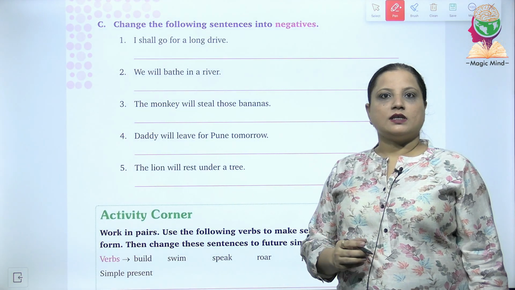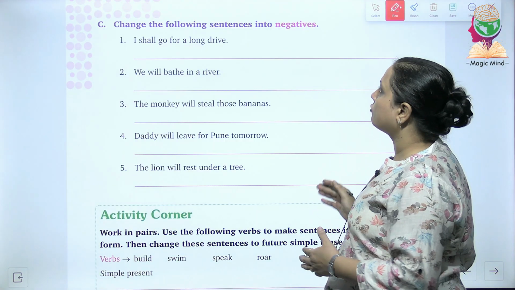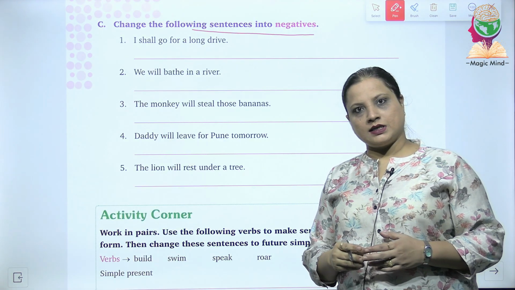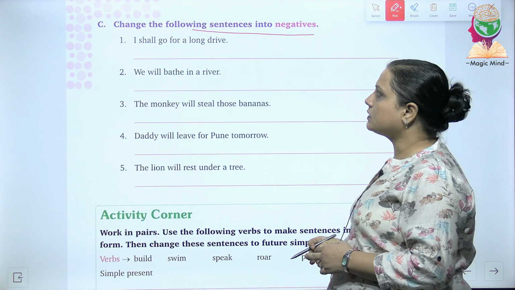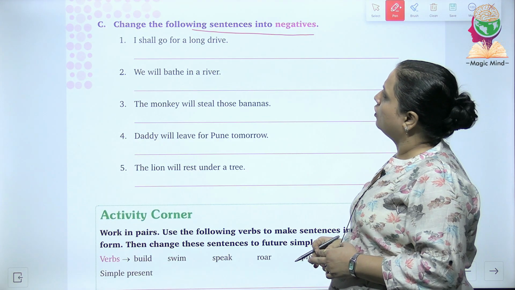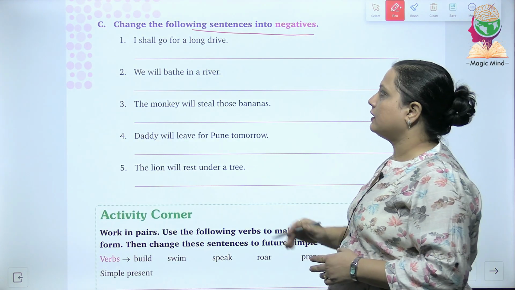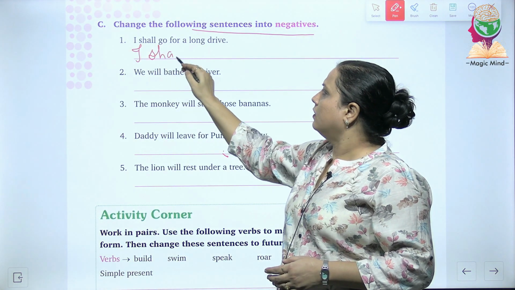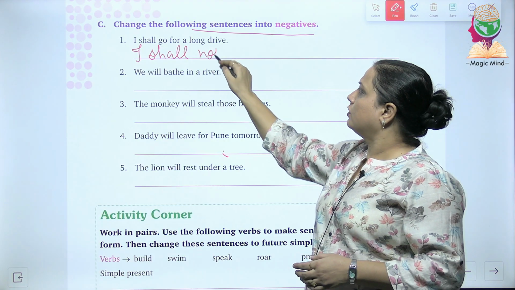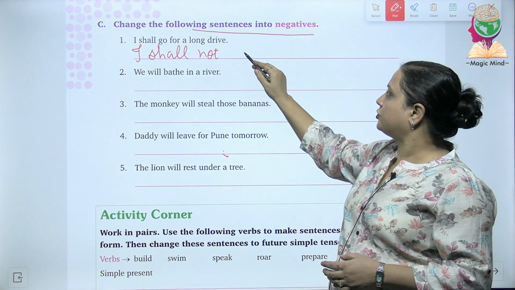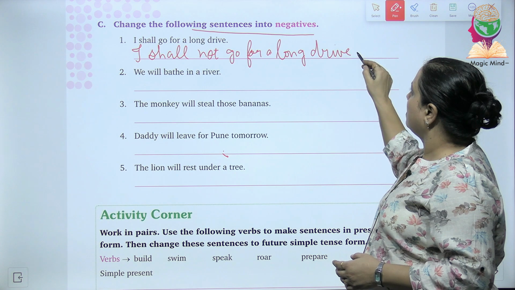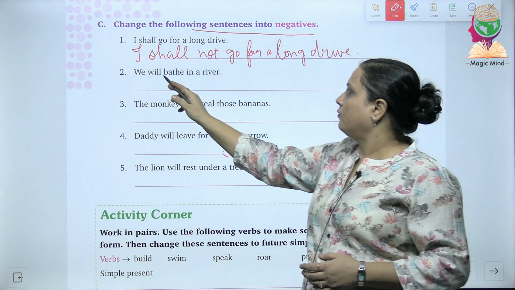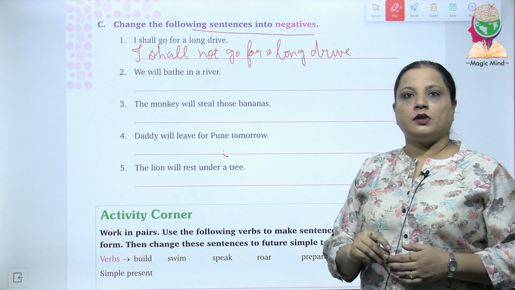The C question on the next page says that we have to change the following sentences into negative sentences. The first one is I shall go for a long drive, and the negative sentence will be I shall not go for a long drive, and a full stop. Then the second one, we will bathe in the river.